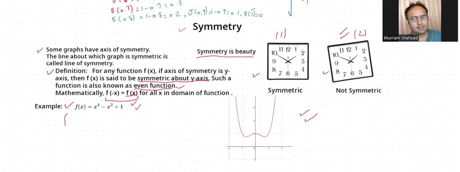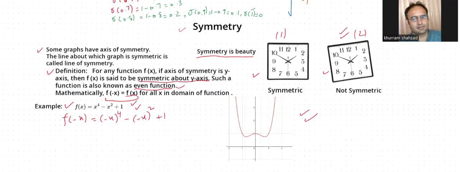We have to replace x with negative x. f of minus x: minus x on both sides. Minus x raised to power 4 minus minus x raised to power 2, and then plus 1.